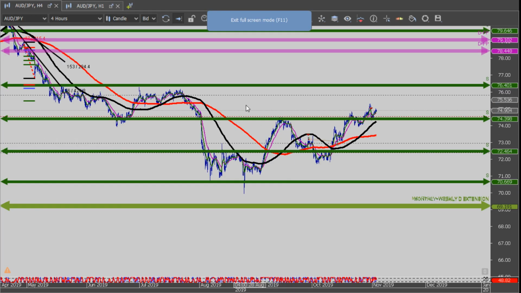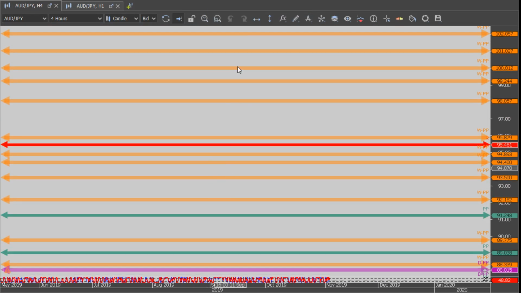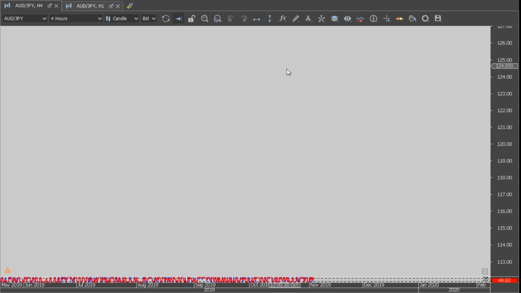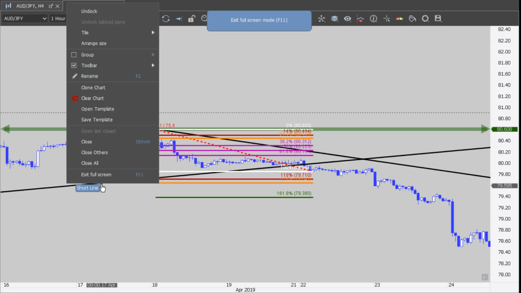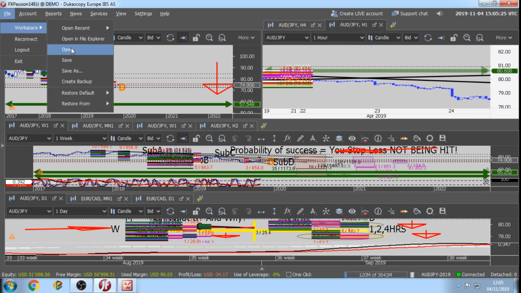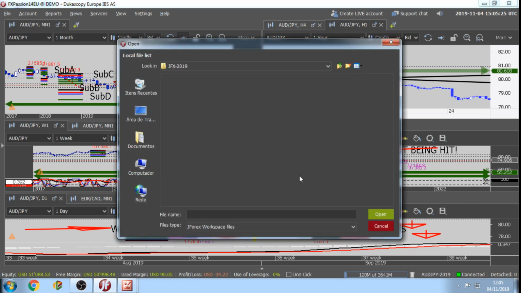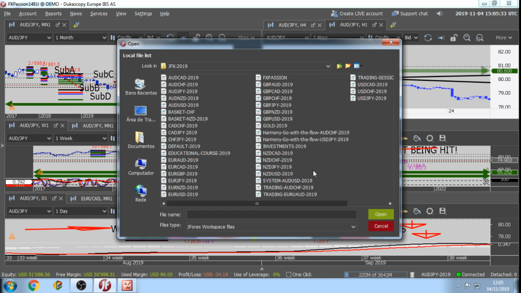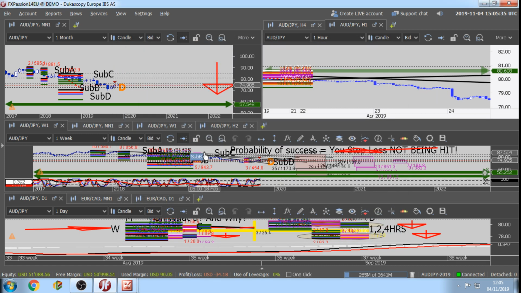Trading rules. Let's try to open NZD-CAD, right? Let's open NZD-CAD and let's open a real Fibonacci.